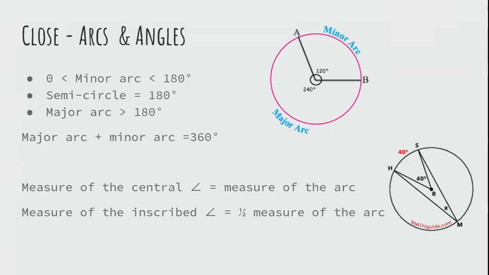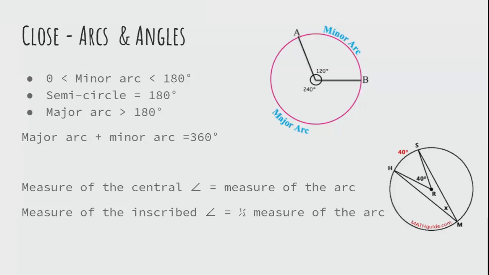However, the inscribed angle from H to M to S would be half the measure of the arc, because it's still related to that same arc. If we pull out the inscribed angle HMS, we would still be pulling out that arc.